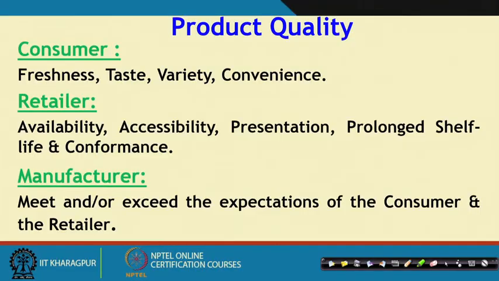So there, in terms of quality, you will see it in terms of availability, then accessibility, then presentability, or then prolonged shelf life, how much shelf life it has, and also the conformance, that how good, how bad it is, and that confirmation they want, right. That is from the point of view of the retailer.